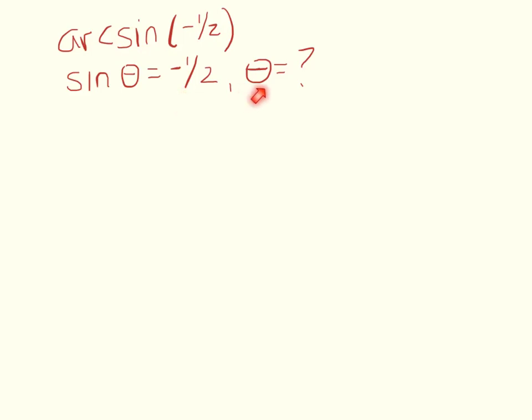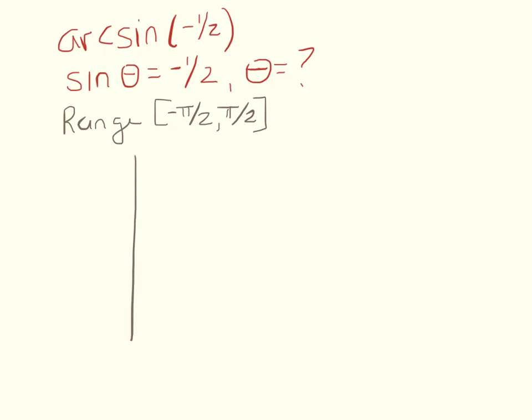So let's start off with the range of arcsine. We know that the range of arcsine is negative pi over 2 to pi over 2. So our answer has to be between negative 90 degrees and 90 degrees. So let's take a look at where that might be.